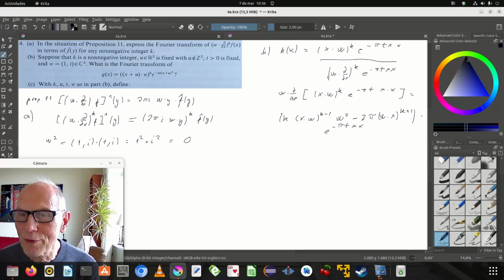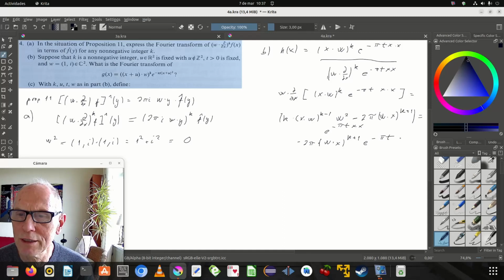So that means that it simply becomes minus 2 pi omega w times dot x to k plus first, 2 pi t, x, the norm of x squared. Yeah.